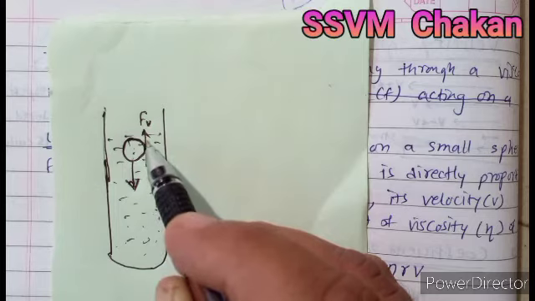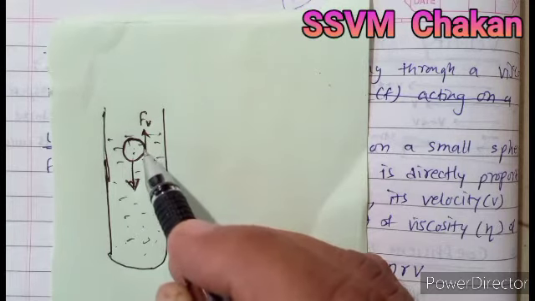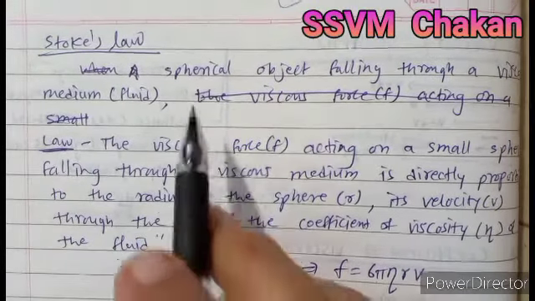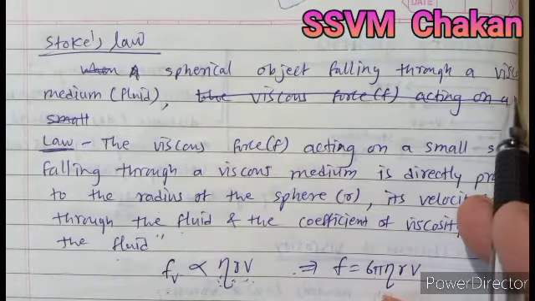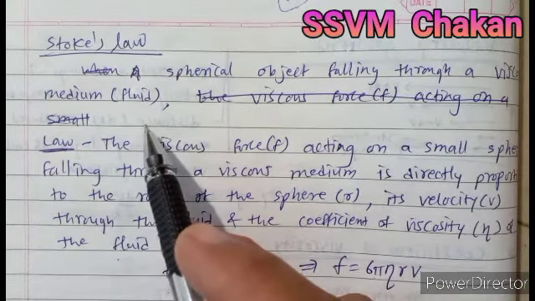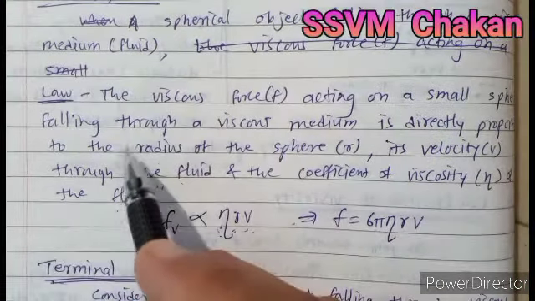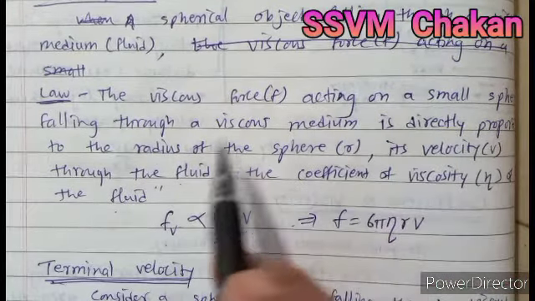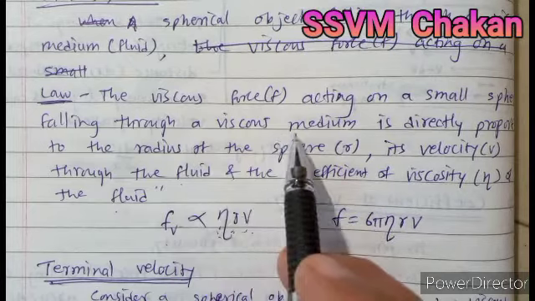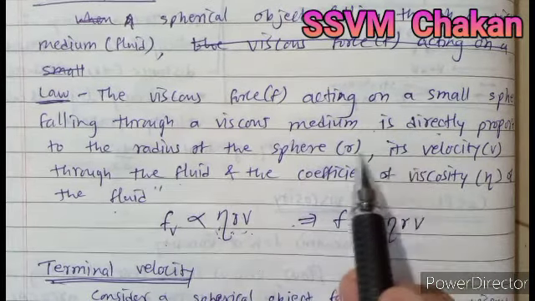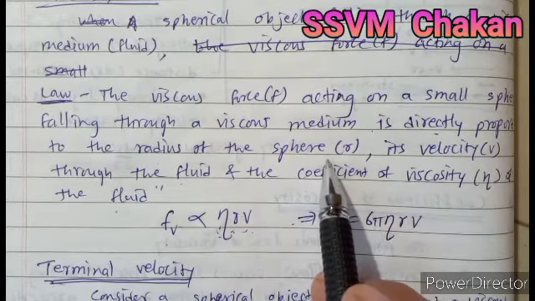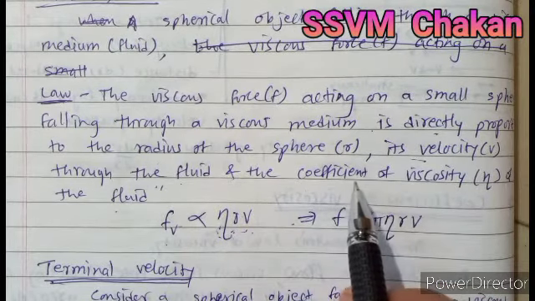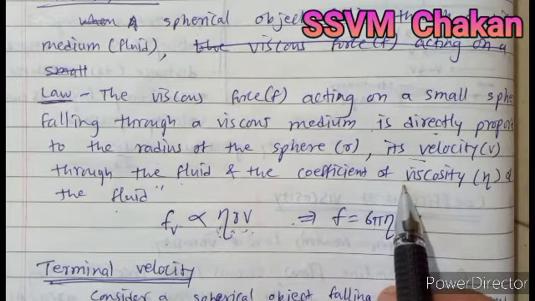The value of this viscous force is given by Stokes, known as Stokes' law. For a spherical object falling through a viscous medium, that means a fluid, the law says that the viscous force acting on a small sphere falling through a viscous medium is directly proportional to the radius of that sphere, its velocity through the fluid, and the coefficient of viscosity.